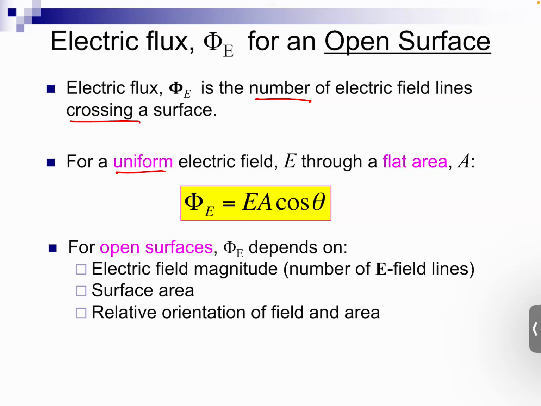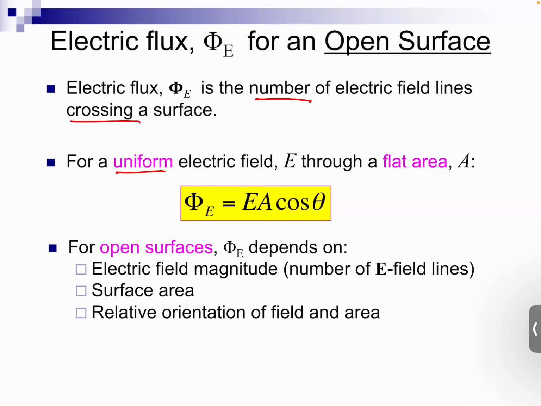It also depends on the area of the surface which your electric field lines cross. Because if you have a smaller surface, then probably only a few field lines will cross that surface. Right? And it also depends on theta, which is the orientation of the surface.